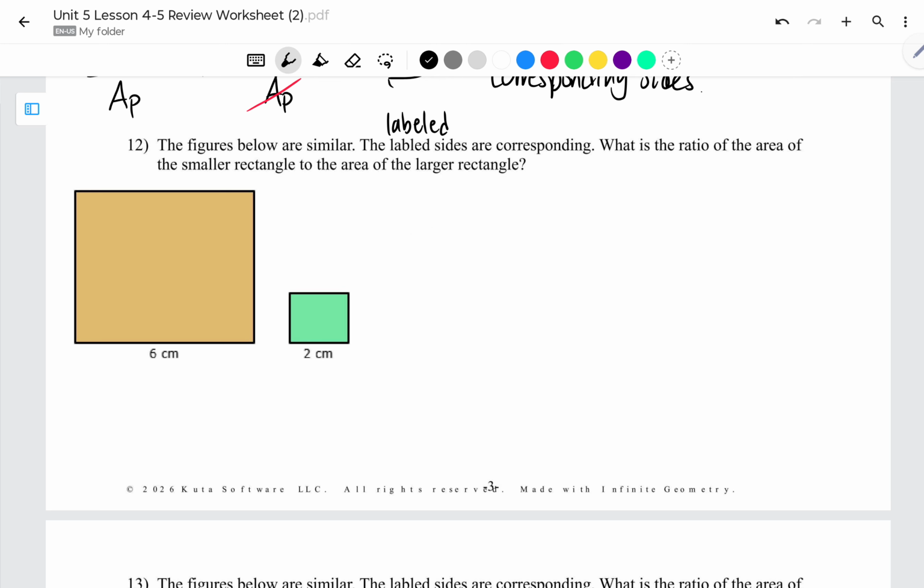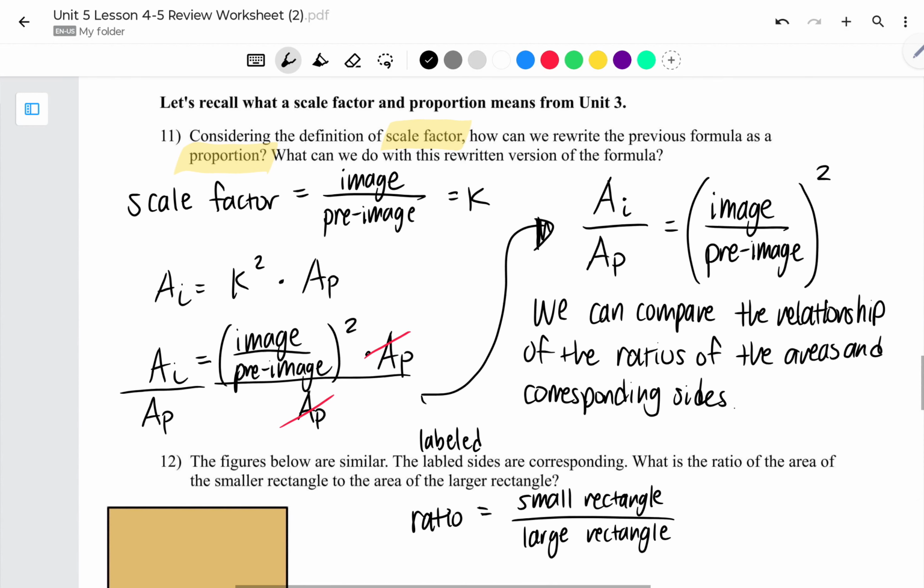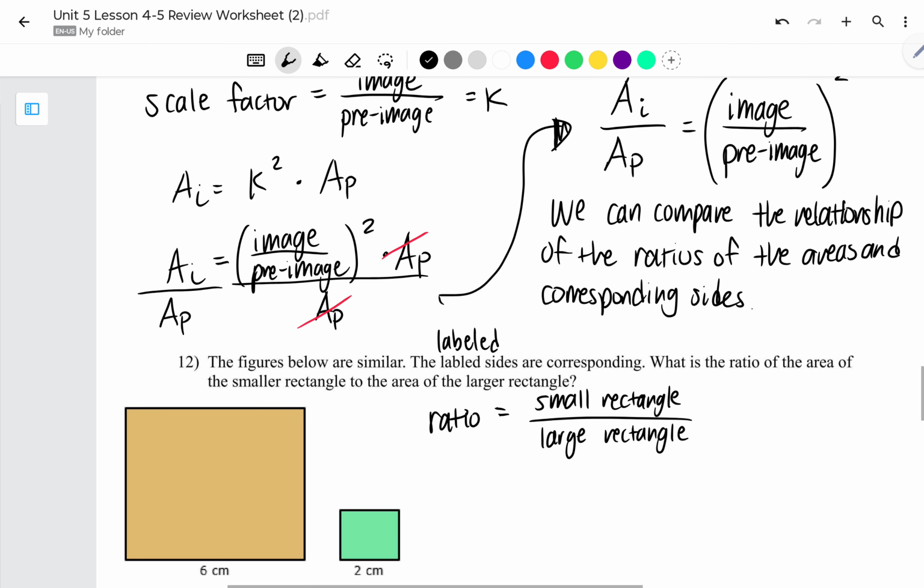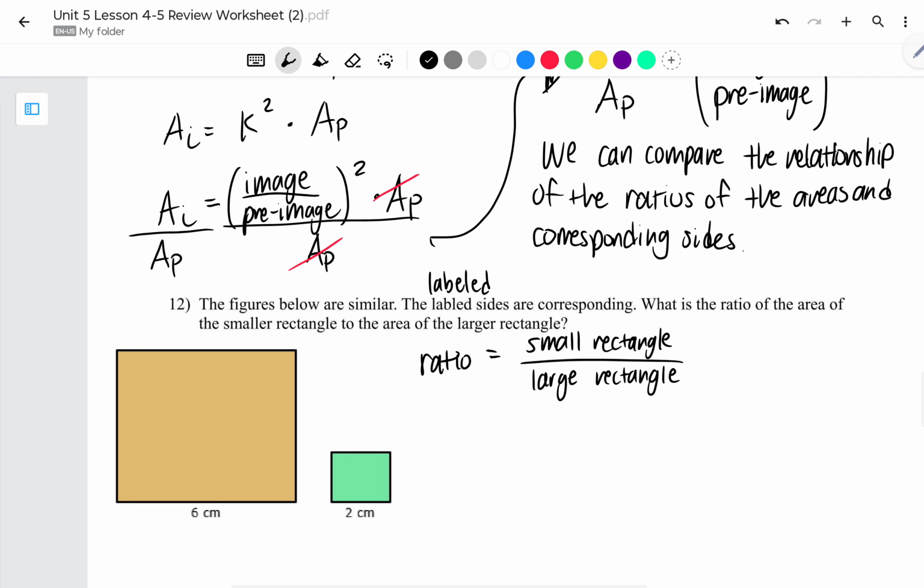So our ratio, we want our ratio to be small rectangle over large rectangle. Okay, so I know we've been doing image over pre-image, but they want the ratio specifically to be smaller rectangle over bigger rectangle, the larger one.